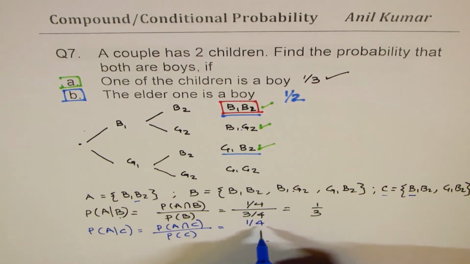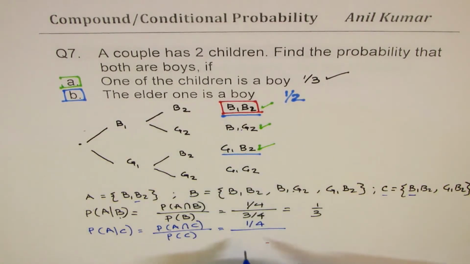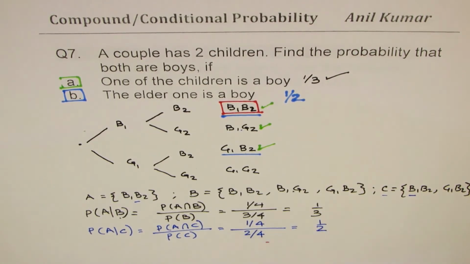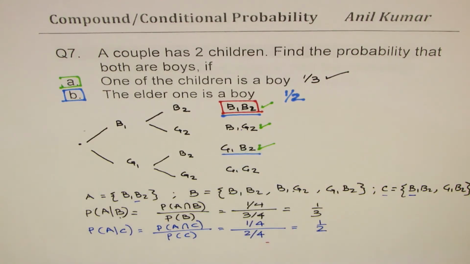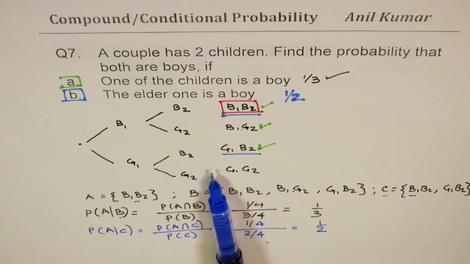So we have 1 out of 4 divided by 2 out of 4, and that gives you the result half, which we got earlier from the tree diagram. So I hope it makes sense that if we have only a small number of combinations, as in this particular case, the tree diagram is a faster approach.